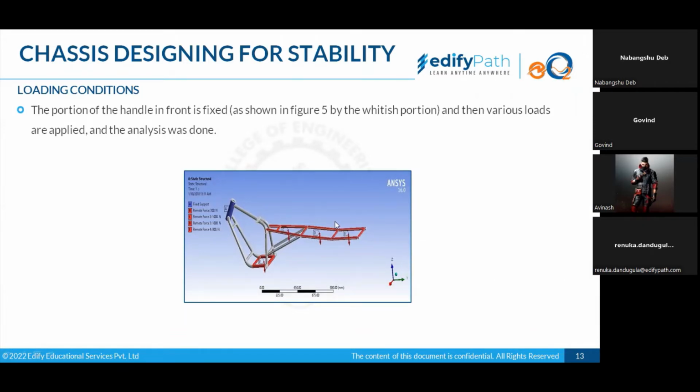That gives me an idea of how I could design my chassis for my requirement. If my requirement is 150 kgs of loading on the bike, what kind of material, what would be the thickness of the pipe, and what the joint strength would need to be, so that it doesn't start crumbling. So this is again a simulation of loading.